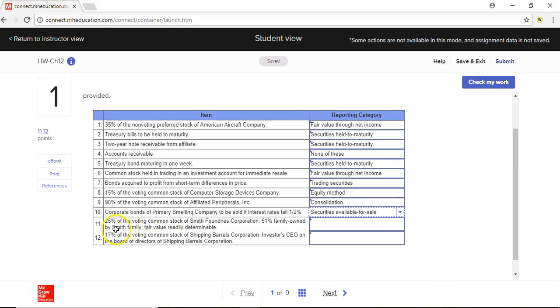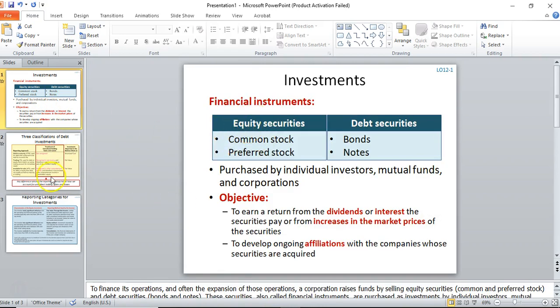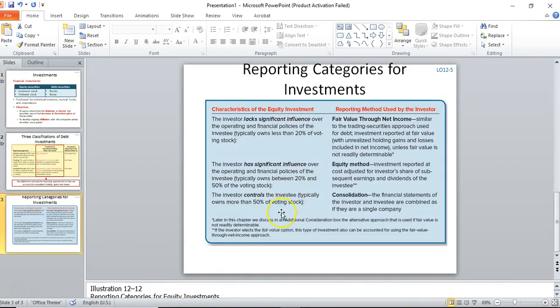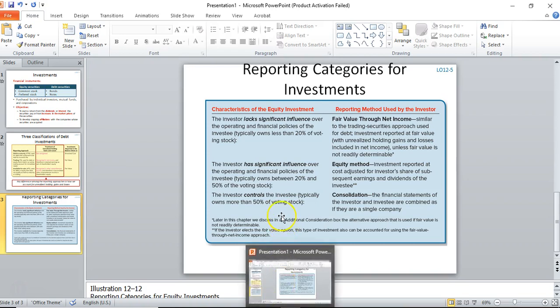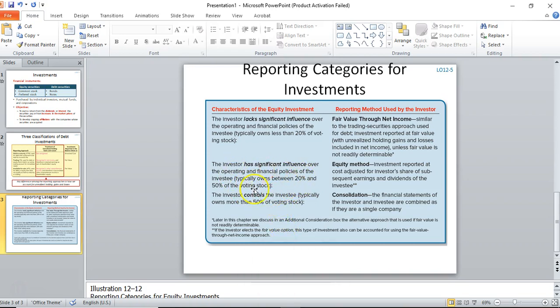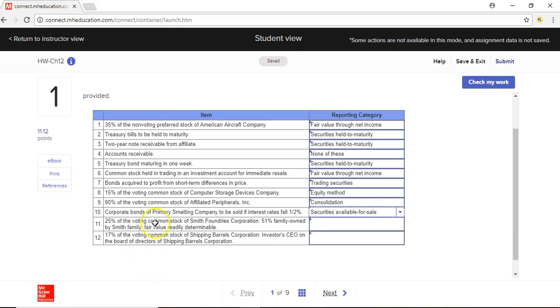Number 11, 25% of the voting common stock. We have a common stock investment, and we have these three ways to treat it. 25% seems high, and it seems to give influence over the investee company. However, it says 51% of the investee's shares are owned by one family.